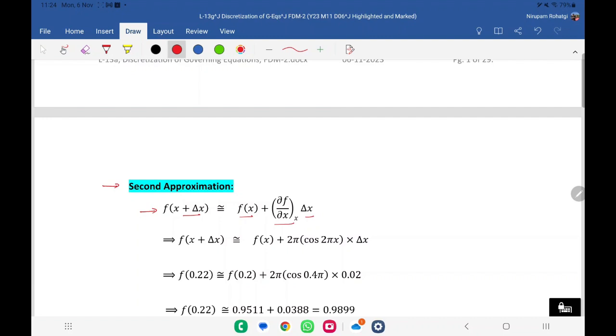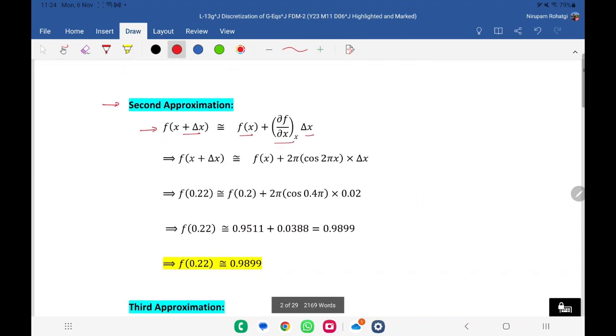And then you have these calculations which I am not talking about. You get this. Now you get a different value of f at 0.22.